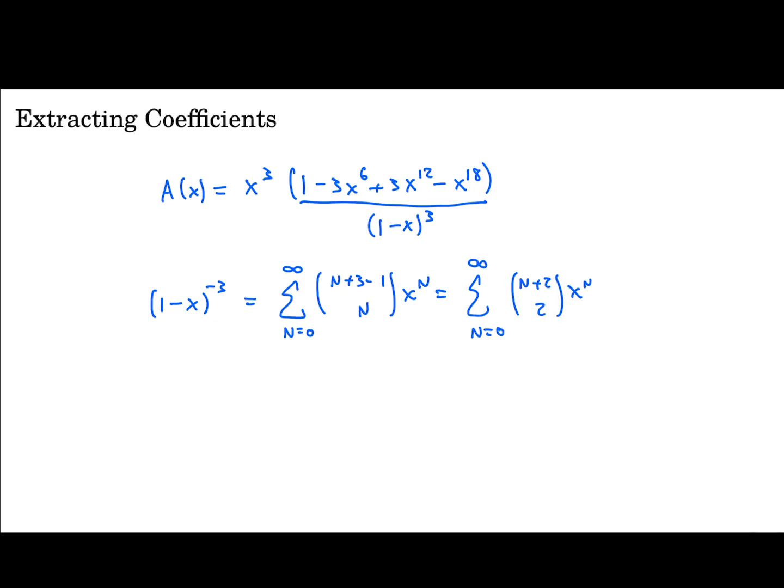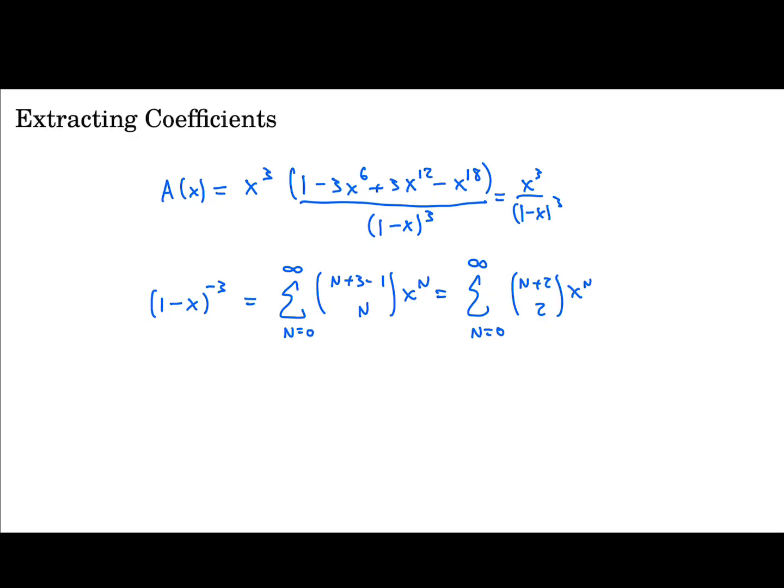Okay, and now if we multiply this by 3, we're going to have a bunch of these terms, right? If you think about it, we're going to have an x to the cube over 1 minus x cubed.